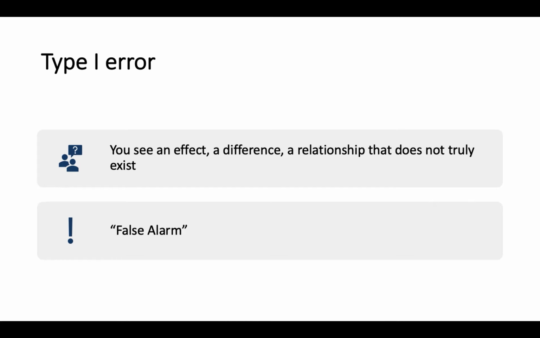A type 1 error has occurred when we conclude that there is a difference or a relationship that does not truly exist. So if we reject our null hypothesis and support our alternative hypothesis, but in reality that alternative hypothesis is not true, we call this a false alarm error.